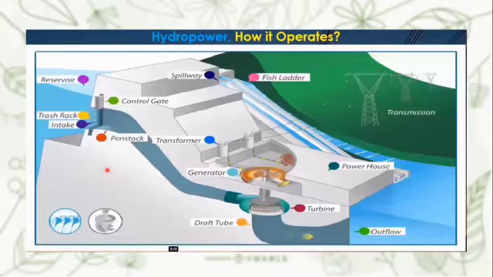At ito naman yung nasa labas niya, nandun naman yung mga fish ladder, transmission, powerhouse, turbine, outflow, drop tube, generator, transformer, control gate, penstock, trash rack intake, and reservoir.